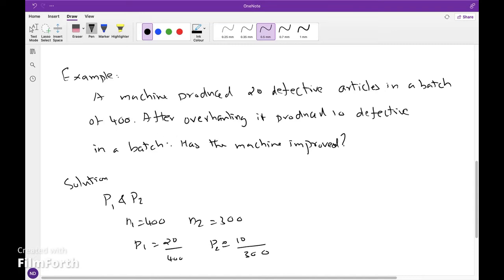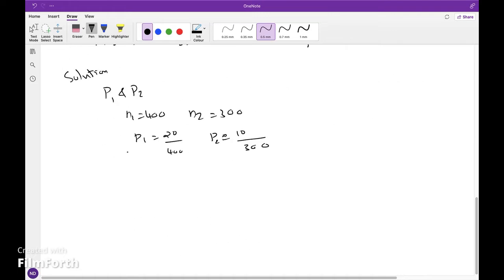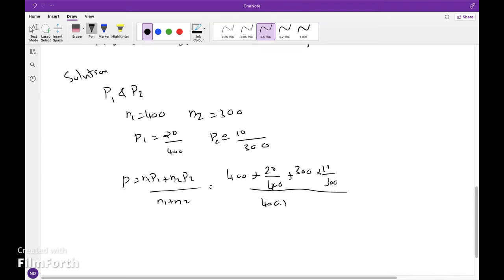So the best estimate of P is N1 P1 plus N2 P2 by N1 plus N2. That is equal to 400 into 20 by 400 plus 300 into 10 by 300, whole divided by 400 plus 300. Using a calculator, we get 3 by 70.